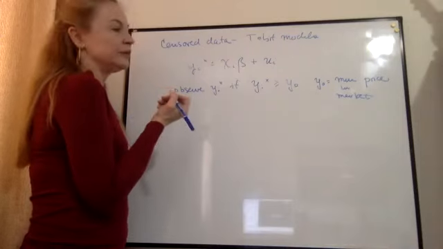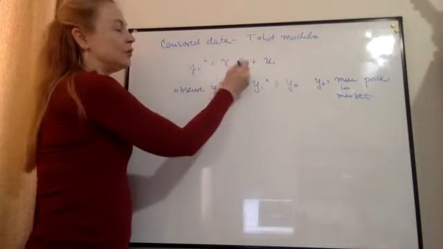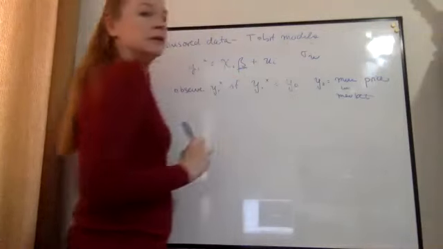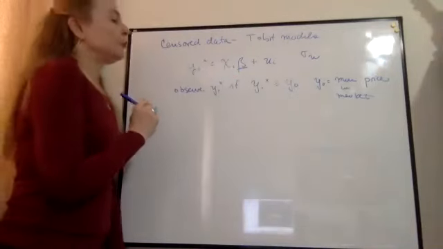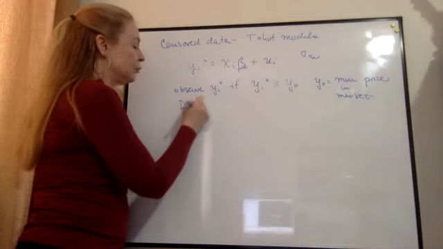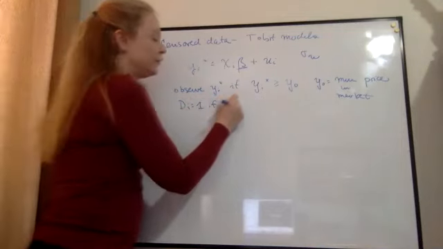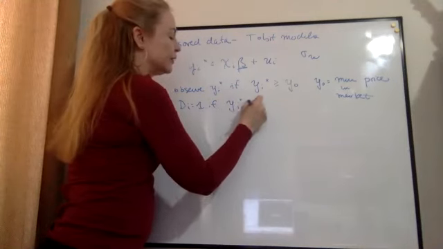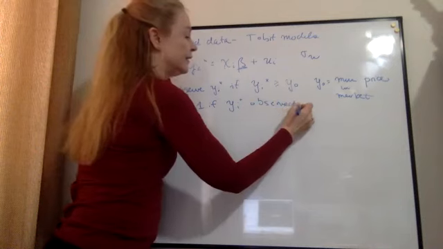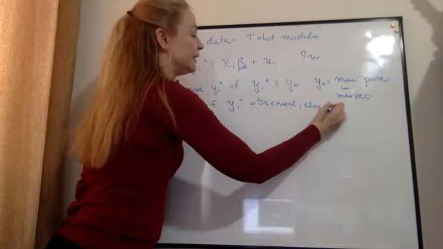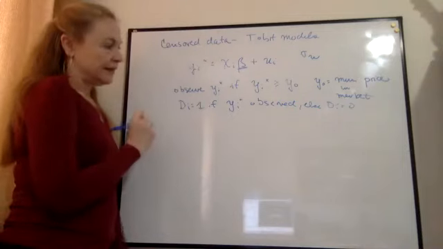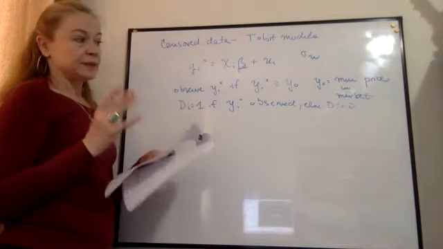So the goal would be, say, to get beta and to get sigma_u. And then we have d_i equals 1 if y_i star is observed, else d_i equals 0. And so you would solve this through maximum likelihood.